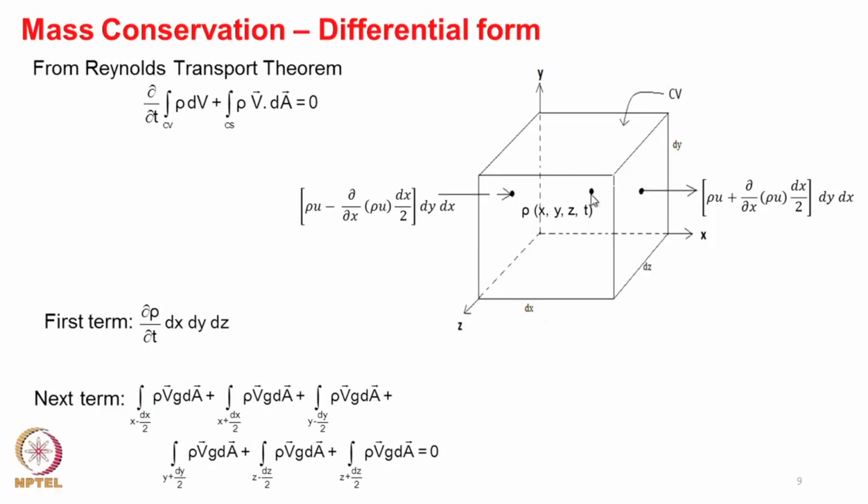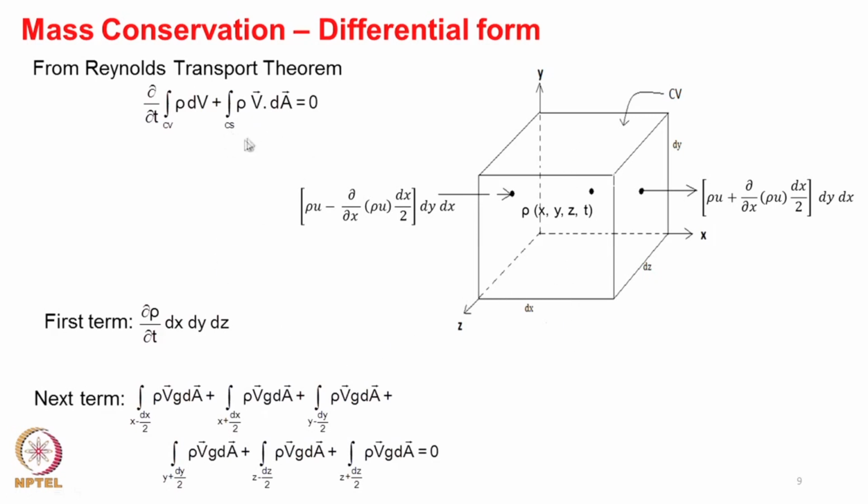Similarly, from the center in the x direction, if you go to the right, that elemental length is plus dx by 2. Similarly, you can go from the center to the front and to the back, that will be dz by 2. Similarly, top and bottom, that will be dy by 2 in either direction.